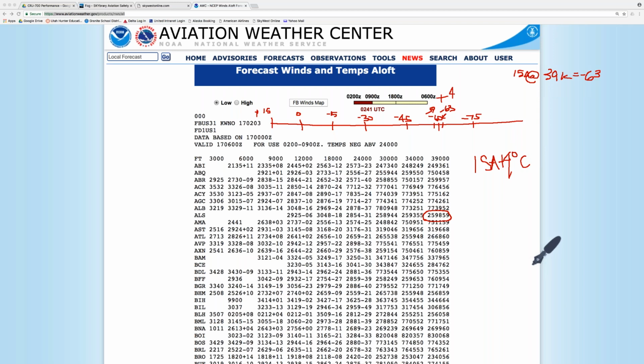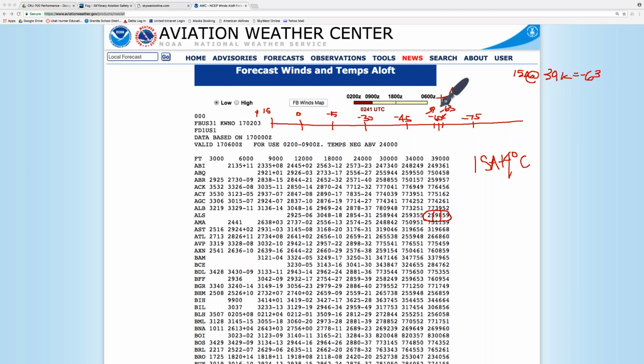I got a little confused there because didn't you say that the last two numbers of our temperature we would have to change to a negative? Like you said that our temperature displayed on these charts, we would take that temperature and change it to a minus.